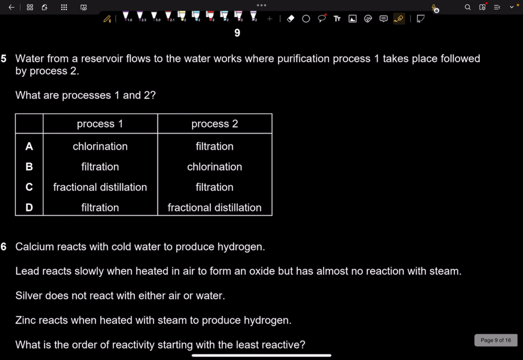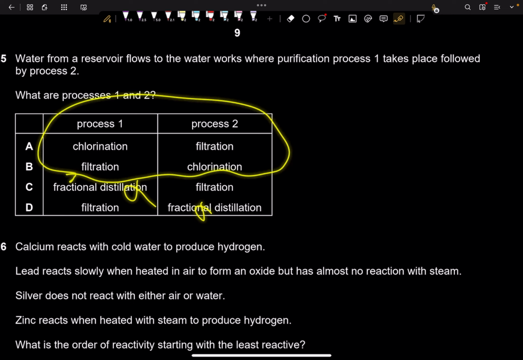Water from a reservoir flows to the water works where purification process 1 takes place, followed by process 2. What are processes 1 and 2? You don't do fractional distillation with water, so eliminate those two. Out of the remaining, what are you going to do first?